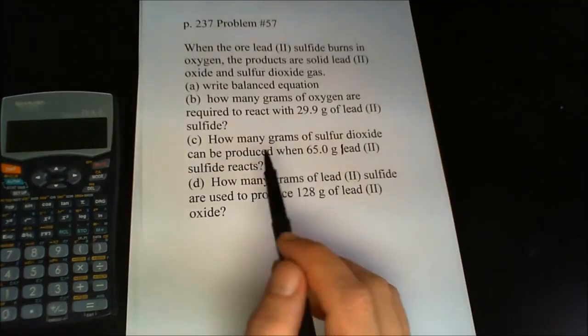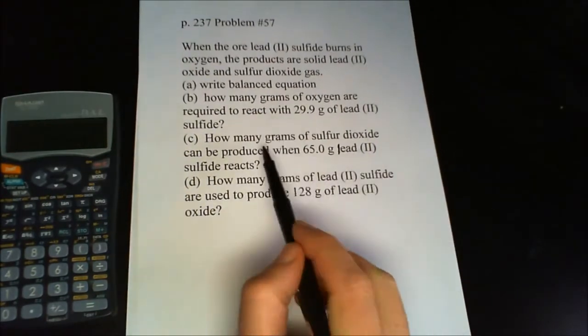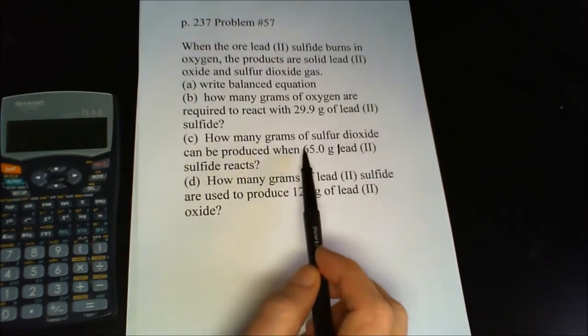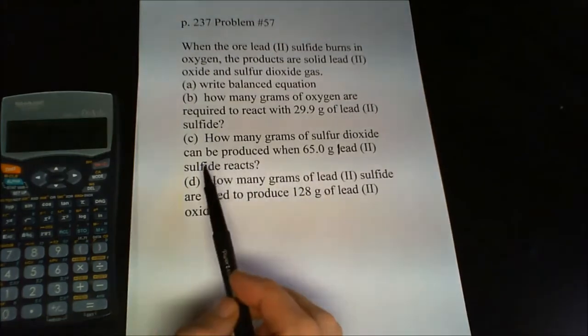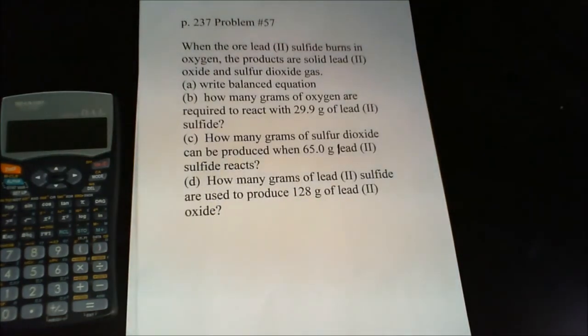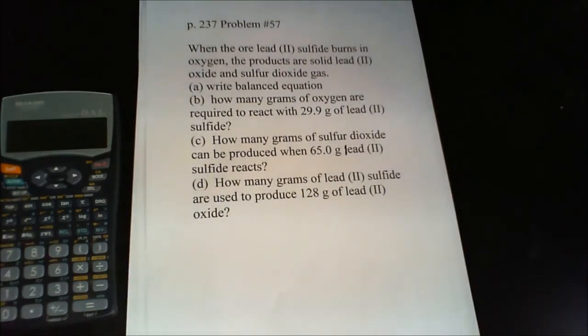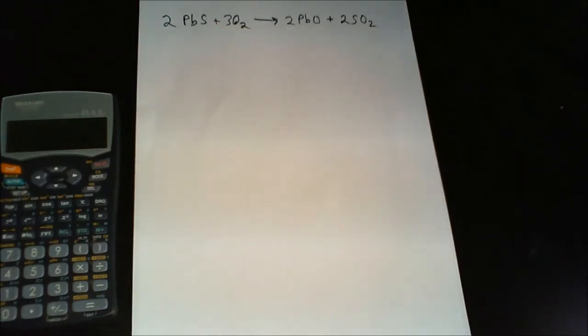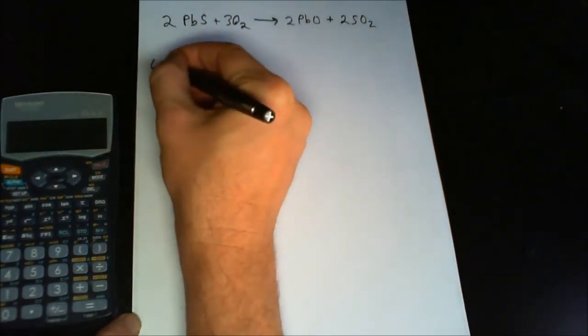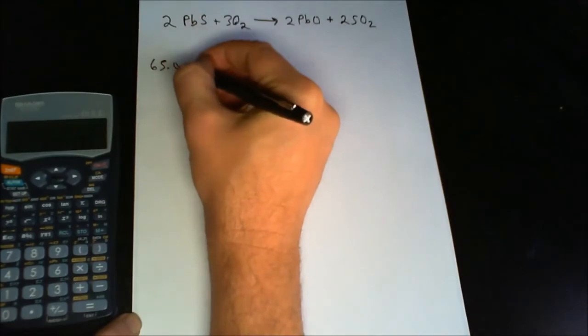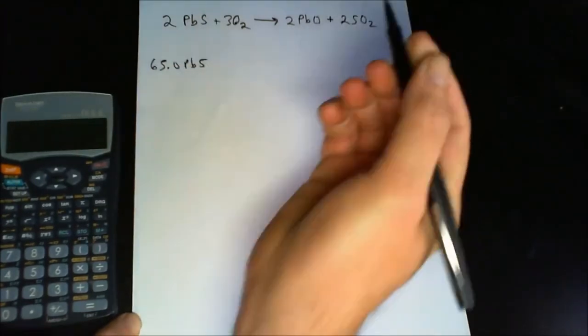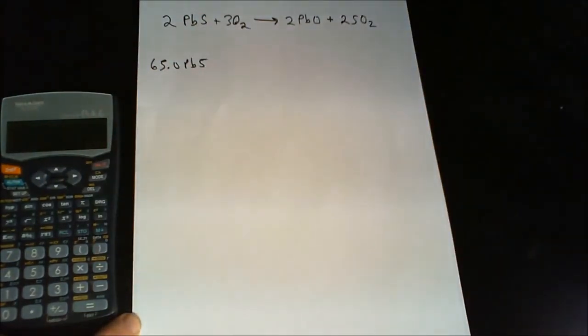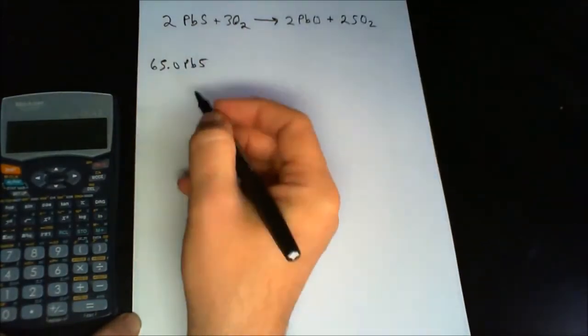So now we move on to C, and it says how many grams of sulfur dioxide can be produced when 65.0 grams of lead-2 sulfide reacts. So we have 65.0 grams of lead sulfide, and we want to know how many grams of sulfur dioxide we are going to get.